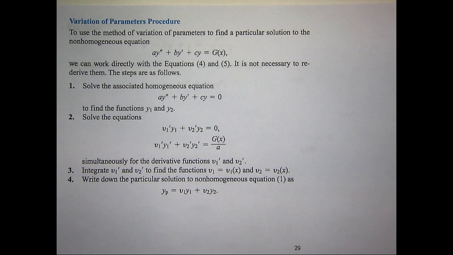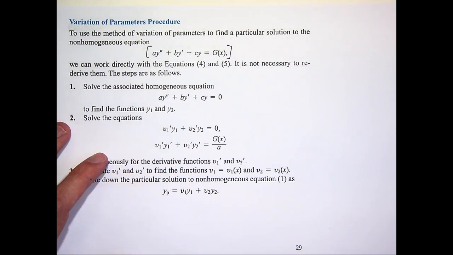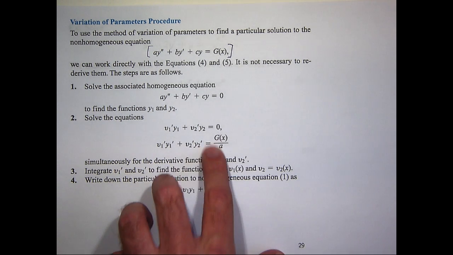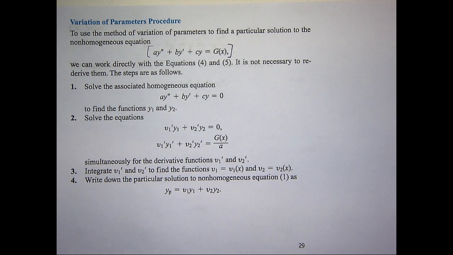So here it is in a nutshell, the method of variation of parameters or variation of constants. Suppose you want to solve this non-homogeneous problem. You solve these equations for v1 prime and v2 prime, and then you integrate.